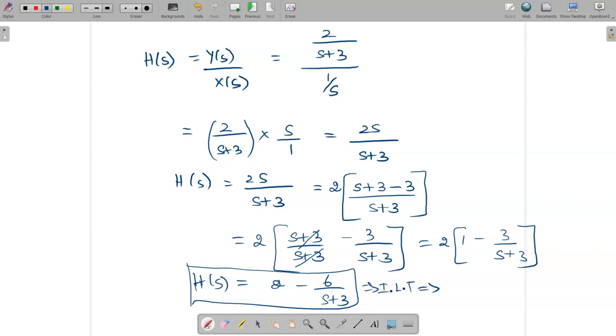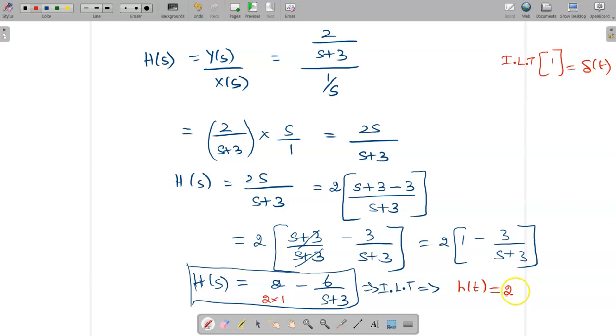Okay, so what happens? H of s will become h of t. Okay, inverse Laplace of 2. Okay, so just 2 is constant, meaning 2 is nothing but 2 into 1. For inverse Laplace of 1 is nothing but del of t, right? So inverse Laplace transformation of 1 is nothing but del of t.